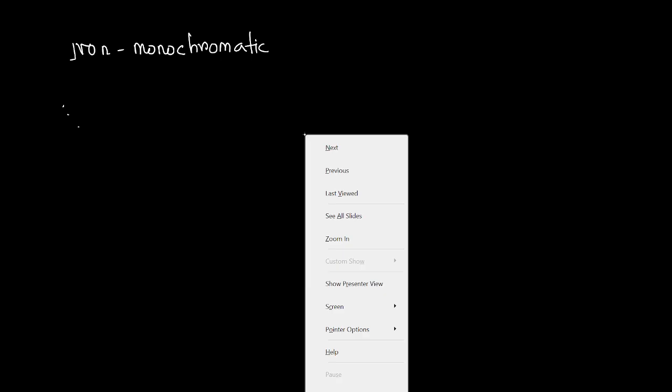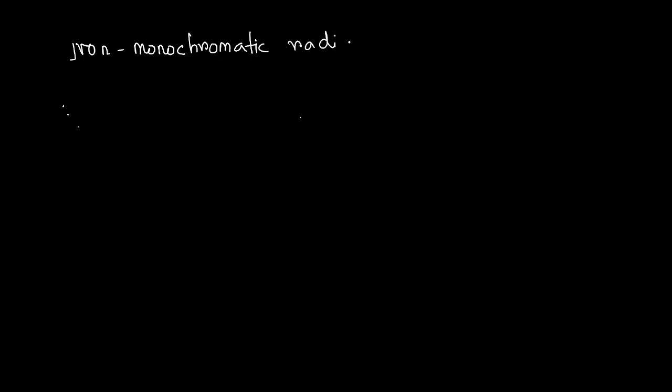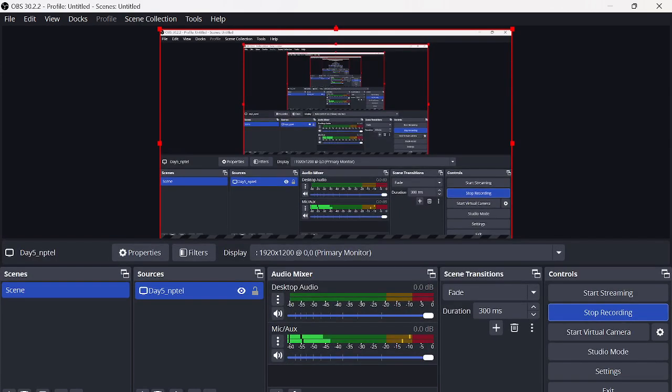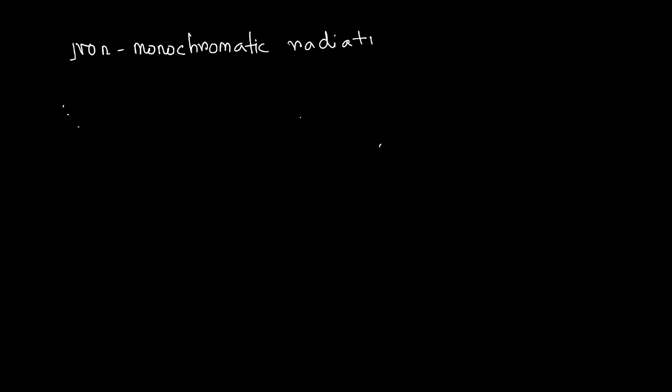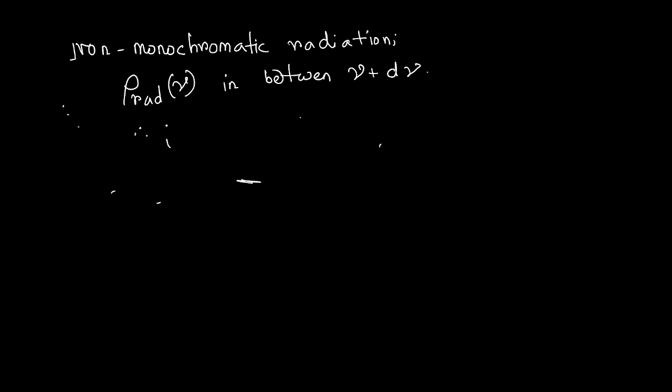So for non-monochromatic radiation, the radiation density in between nu and nu plus d nu is rho rad nu, sorry, the total radiation density is the radiation density integrated over the whole d nu.